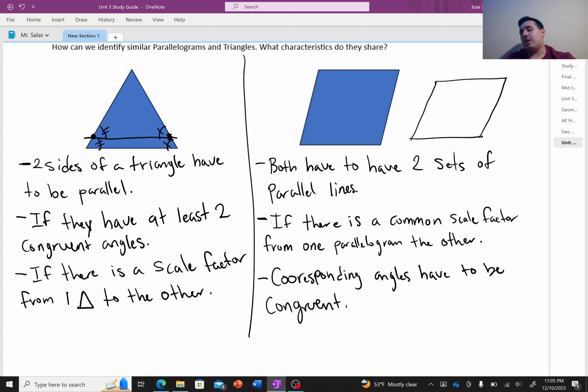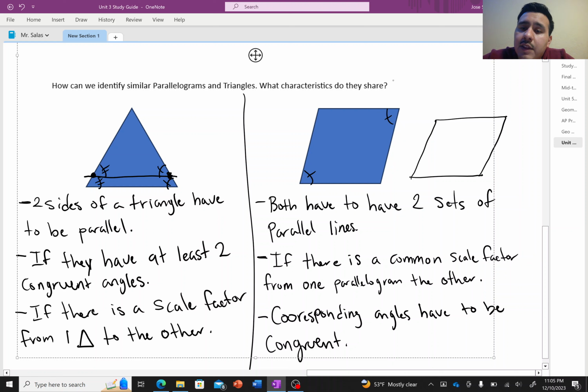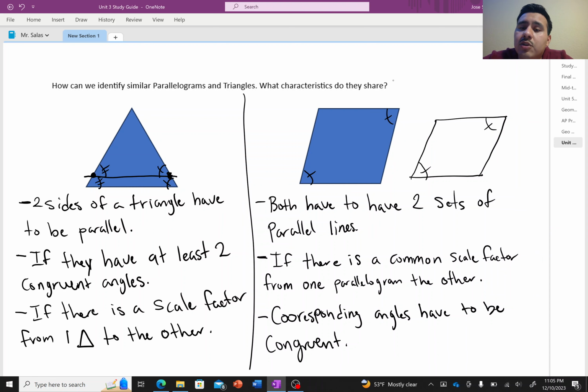Okay, so what does that mean? That means that this angle here is congruent to this angle. But if I'm trying to prove that two parallelograms are similar, that means that this angle here has to also be congruent to this angle here. So that means all four of these angles are congruent. If that is true, they are also considered similar.